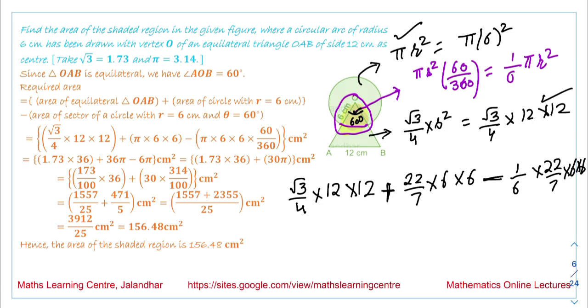On solving these values, we get root 3 into 36, plus 36 pi, minus 6 pi.